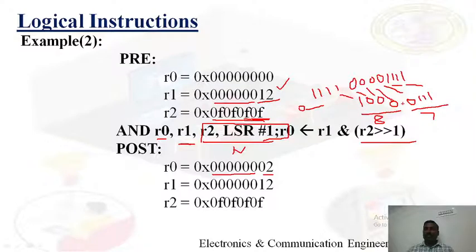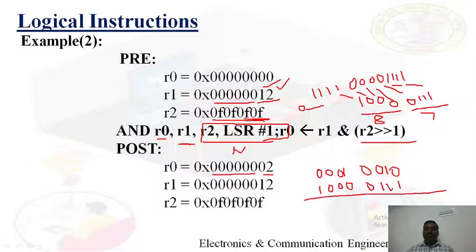87 is 1000 0111. Now 12, so 12 means how much? 1 is 0 0 0 1, then 2 means 0 0 1 0. This is 12. 8 means 1000, then 7 means 0111.